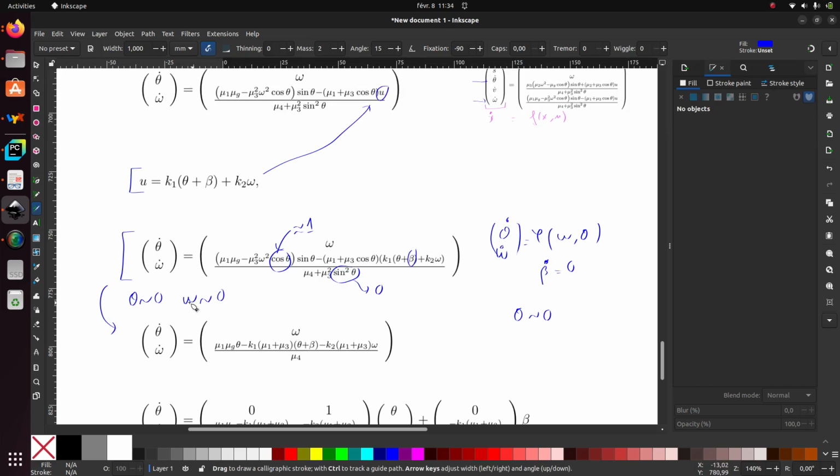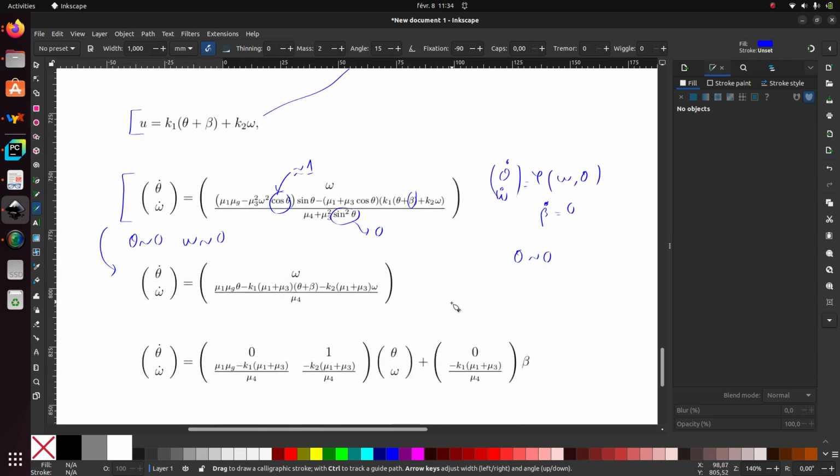So it is a linear stability analysis around the point theta, omega equals 0. I can put it in matrix form, extracting theta and omega, which appear linearly, and I obtain here the evolution matrix A, and here the input, which I could write as a matrix B. And if the eigenvalues of A are negative, it means that my system is stable and I will converge to a constant value for theta.